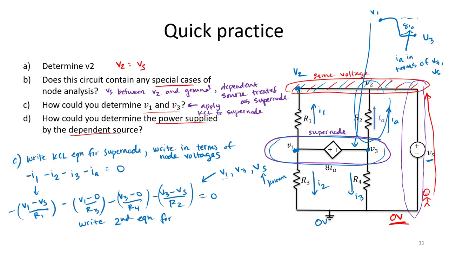So we write a second equation for the V1 and V3 using the supernode. Once you have 2 equations, 2 unknowns, you can solve for V1 and V3.